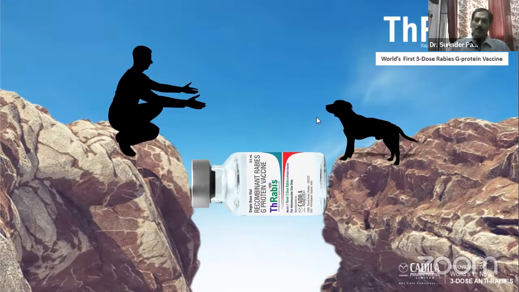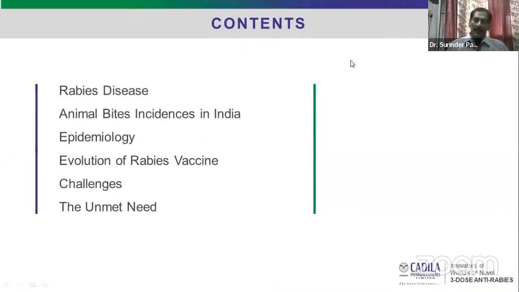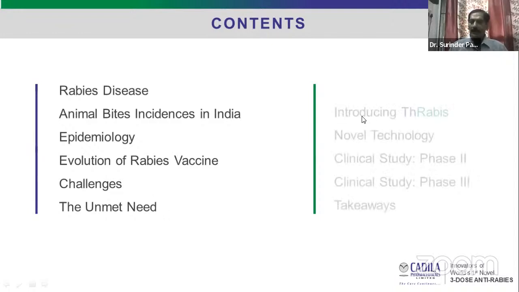So today I'm going to start with the topic rabies. The contents of this topic will be the rabies disease itself, animal bite incidence in India, epidemiology of the disease, evolution of rabies vaccine, what are the challenges and what are the unmet needs.